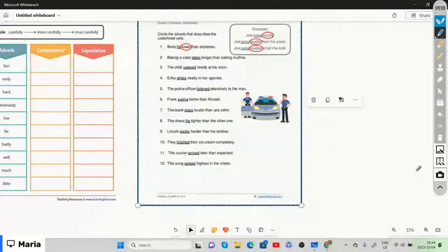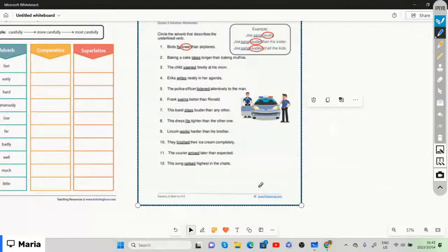And we made an example of fast, faster, fastest. So we add er to our comparative adverb, and we add est to our superlative adverb.